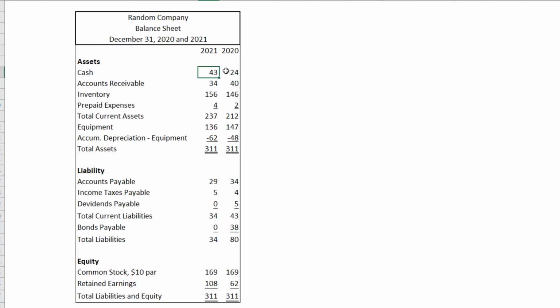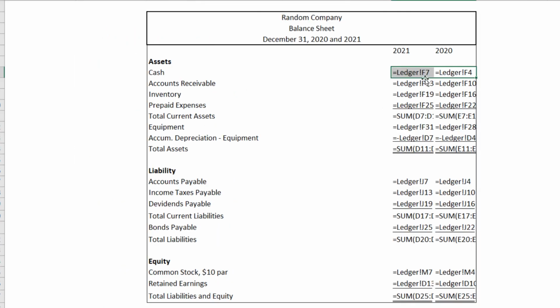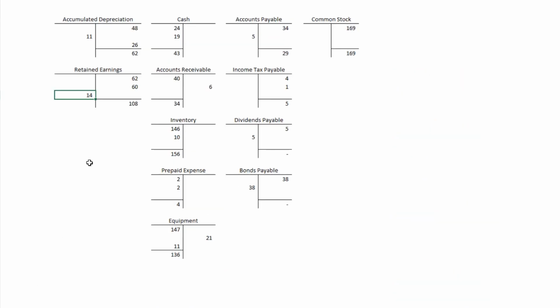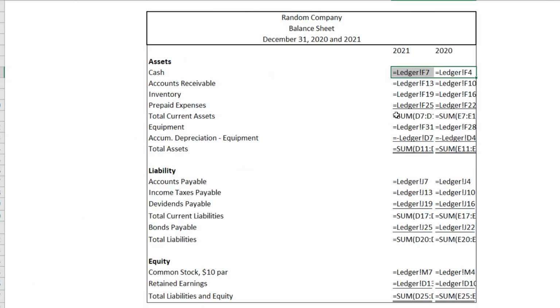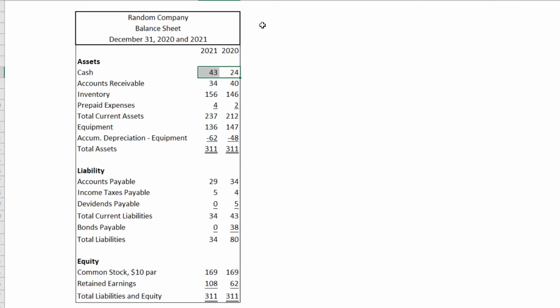And then we answered, why is this different right here? See? And all of this stuff is flowing from the ledger. I've made it so that each one goes to different parts of the balance sheet. So I'm not typing in anything. That way, if I mess up somewhere, I can just quickly fix it.